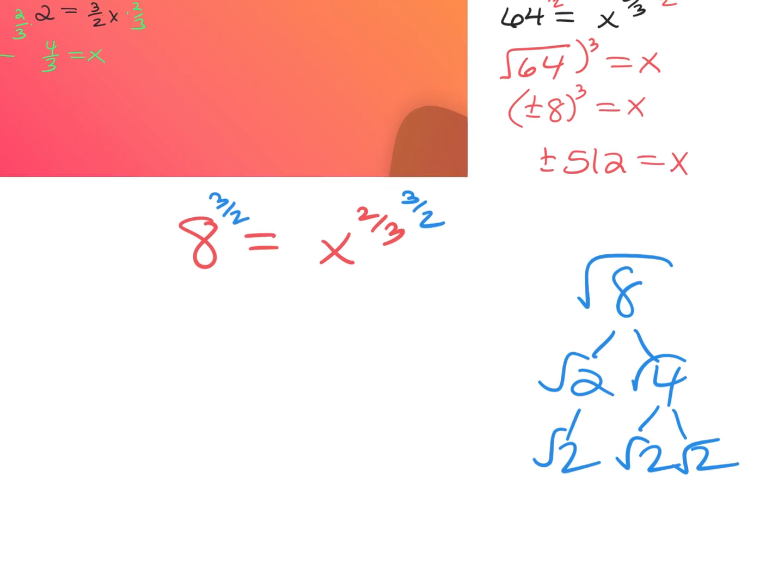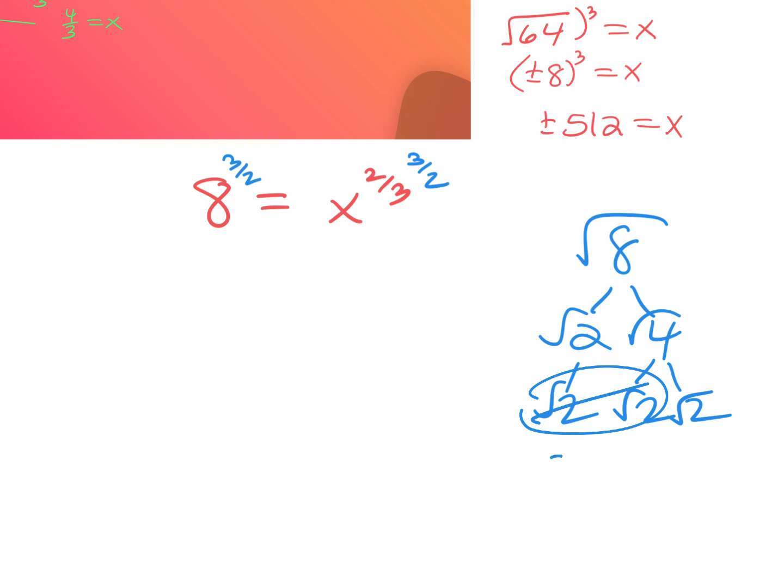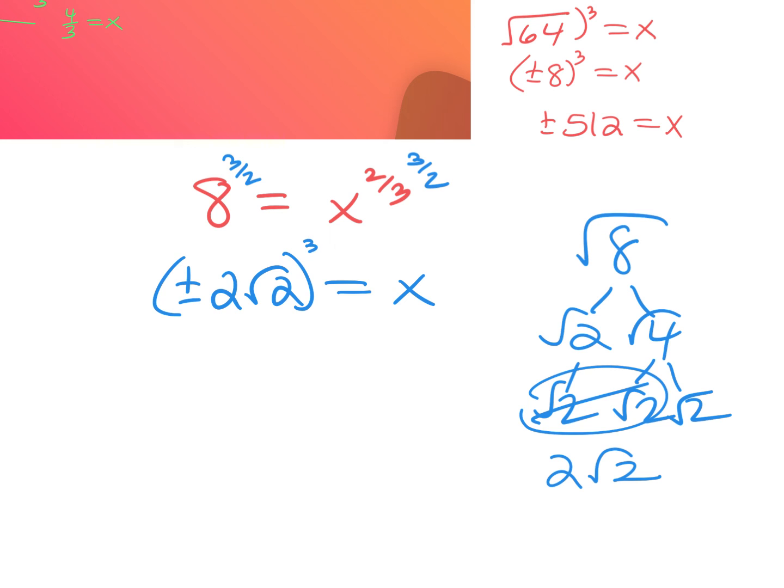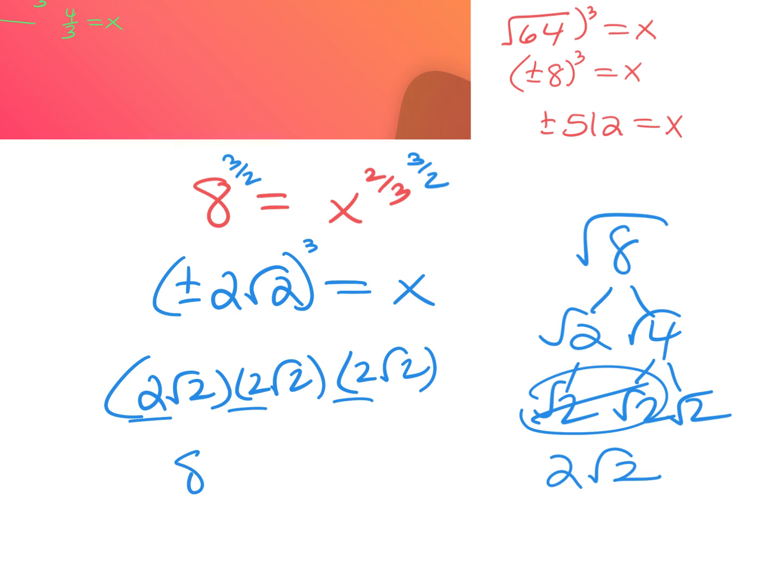And in simplest radical form, this becomes 2 square root 2. So plus and minus 2 square root 2 equals x, but then I've got to raise that to the 3rd power. So really what this is like is doing 2 square root 2, 2 square root 2, 2 square root 2. 2 times 2 times 2 is 8.